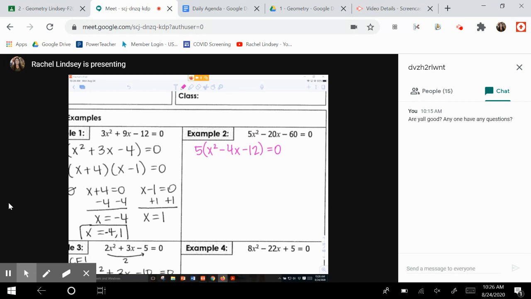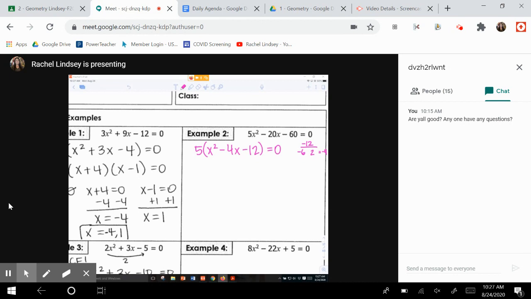Why? Because the leading coefficient for the x squared is 1. So we're just going to look at what two numbers multiply to give you a negative 12 and add to give you negative 4. Negative 6, positive 2. Those do add to equal negative 4. So that's what we're going to use.